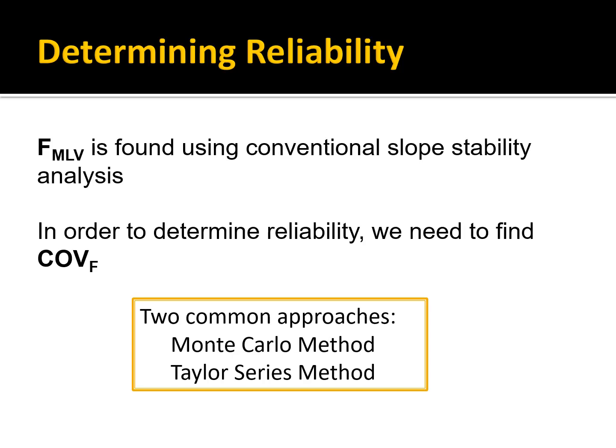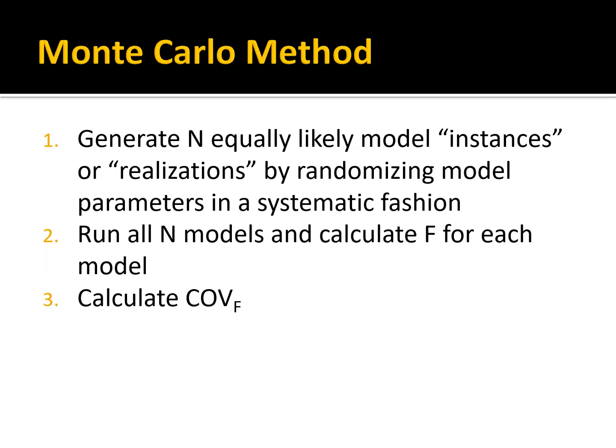Well, as I mentioned before, the FMLV we get by doing a conventional slope stability analysis. But in order to determine the coefficient of variation for the factor of safety, we've got to dig a little deeper, and there are two common approaches for doing that. One is called the Monte Carlo method, and the other would be the Taylor series method.